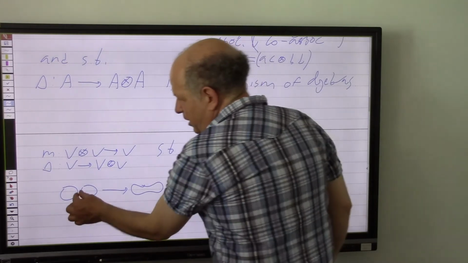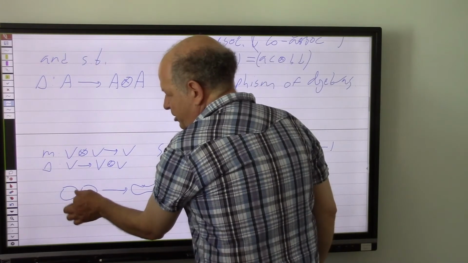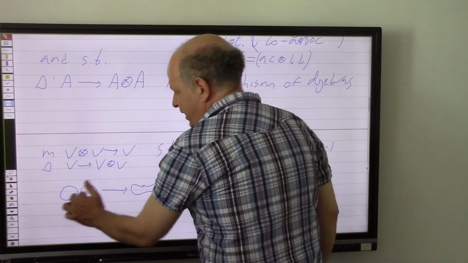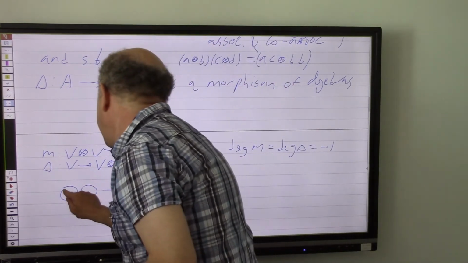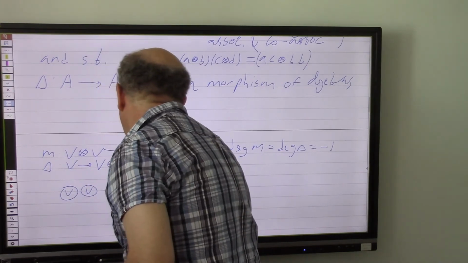So basically, the smoothing in the middle gets switched from a 0 smoothing to a 1 smoothing, and then 2 cycles became 1. And so we get a map from V tensor V into V.